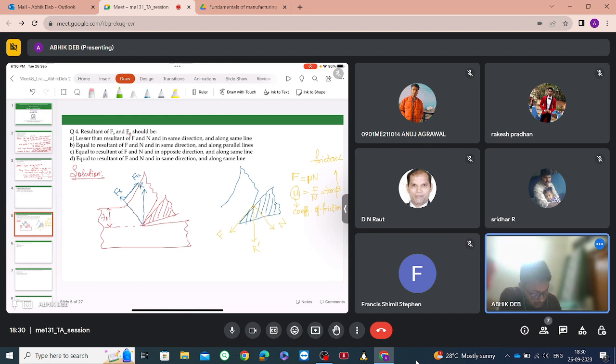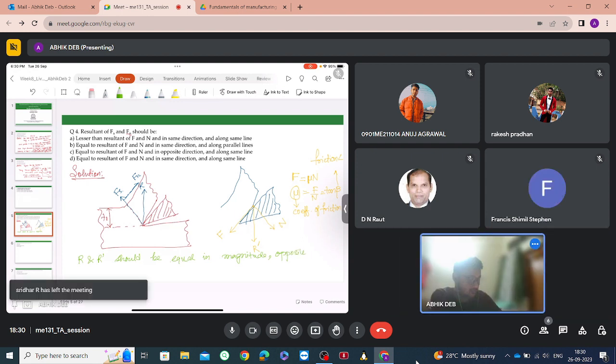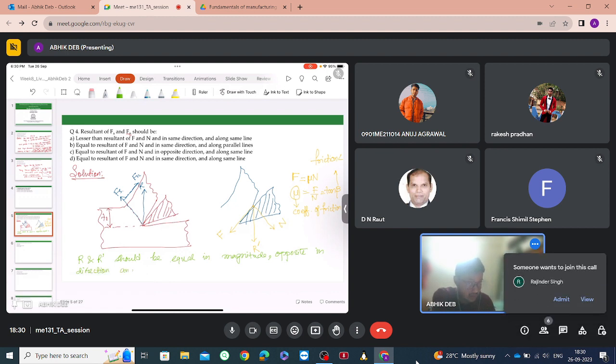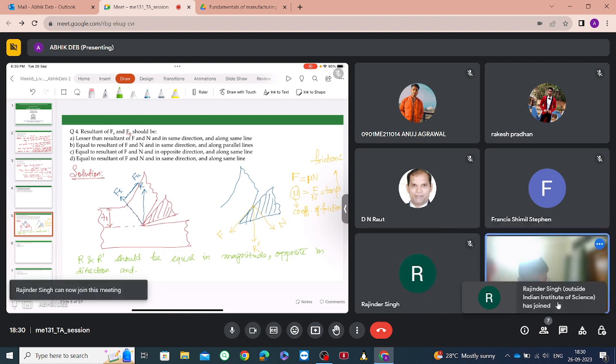So R and R dash should be equal in magnitude, opposite in direction, and along the same line.